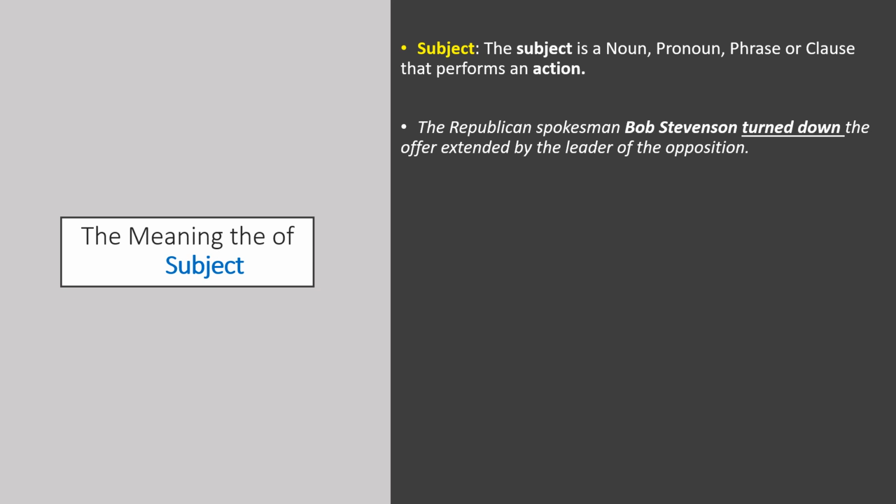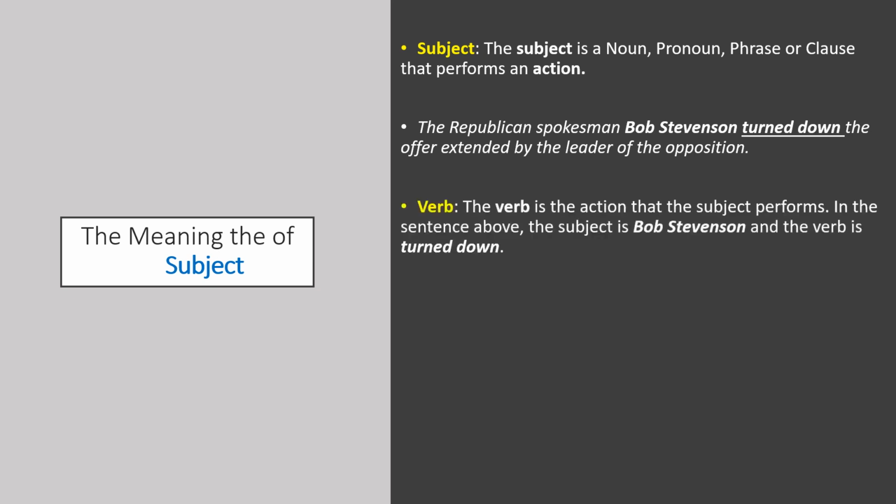In this sentence, the subject is Bob Stevenson and the verb is turn down. And the subject, Bob, performs the action, that is turn down. Verb. The verb is the action that the subject performs. In the sentence above, the subject is Bob Stevenson and the verb is turn down.